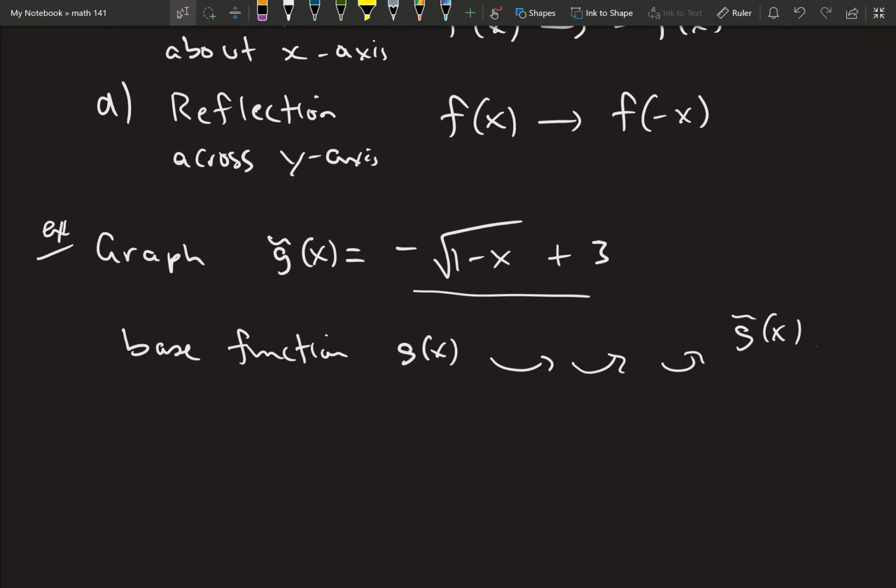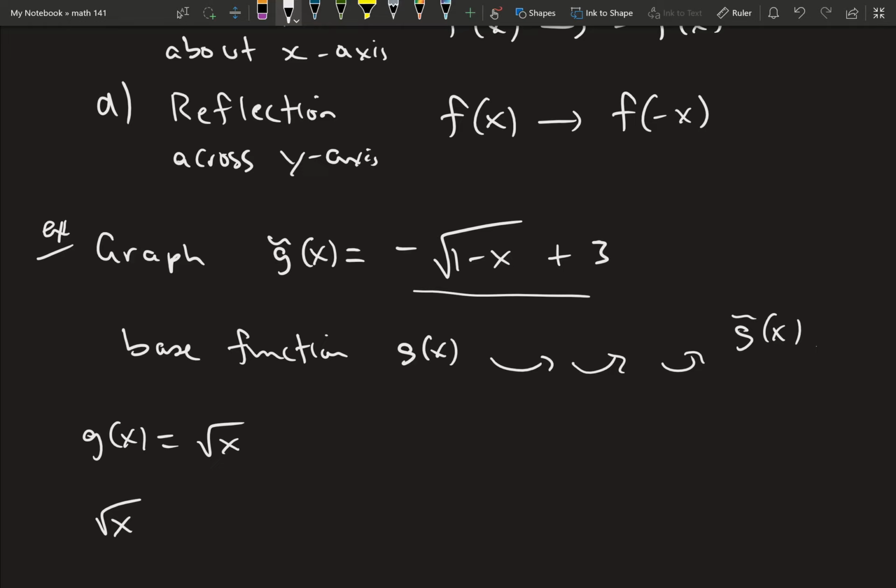Again, once you're comfortable, you can skip some of these steps, but in the beginning it may be good to do it step by step. So all this is based off of the square root function. So let's just start with the square root of x. We want to eventually get to, let's first get what's in the square root itself, the 1 minus x.